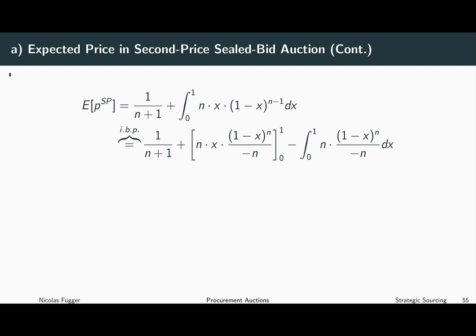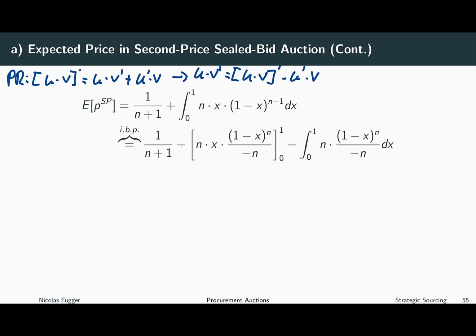And remember, the product rule is the derivative of u times v equals u times v prime plus u prime times v. As a consequence, we have the integral of u times v prime is equal to u times v minus the integral of u prime times v.